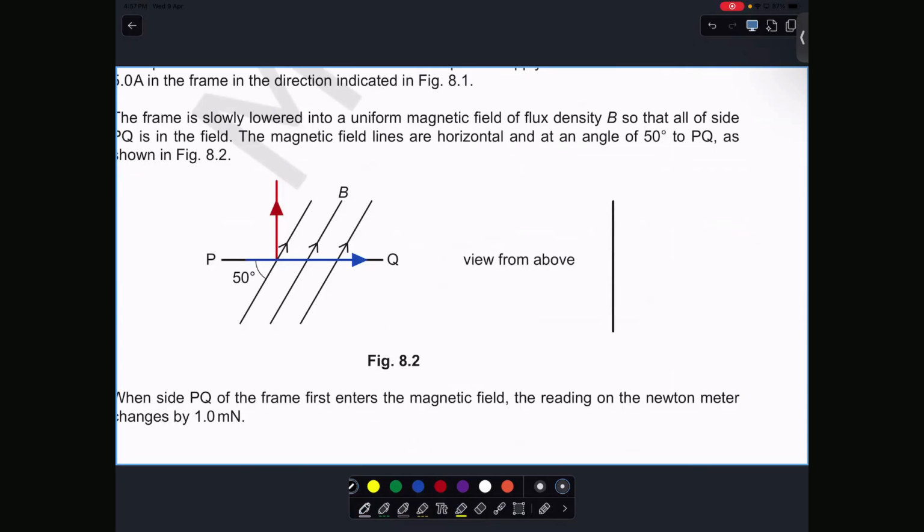This coil actually looks like this, P and Q if we see in 3D, like that, and the magnetic flux looks like this, which I'm drawing, and this is P, this is Q, and where is the Newton meter? Up here, so the Newton meter is there, and the current is this way. This is current, this is magnetic flux. Tell me which way the force is acting now.